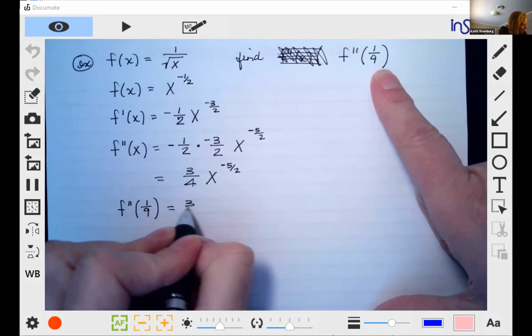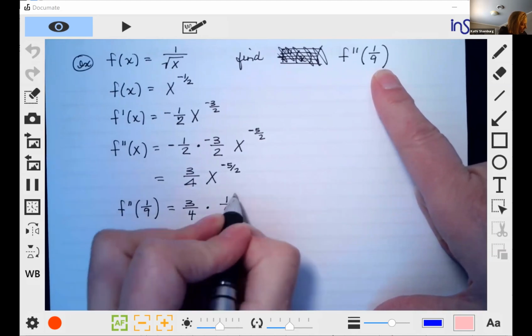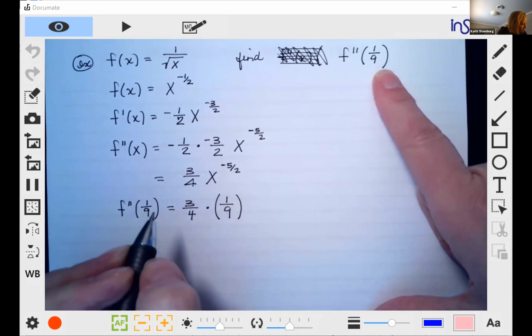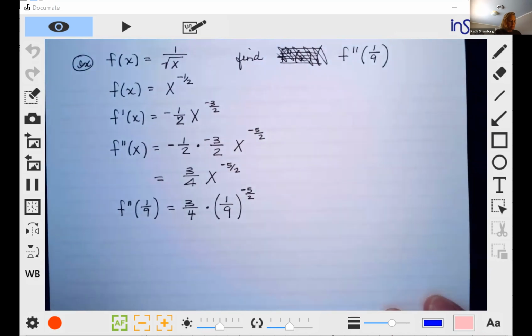So I'm going to have 3/4 times 1/9 raised to the negative 5/2. Now, at this point, you can put it into your calculator.